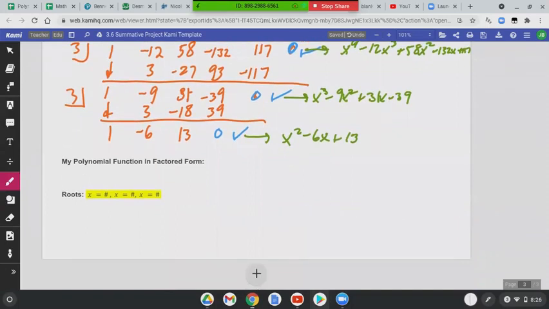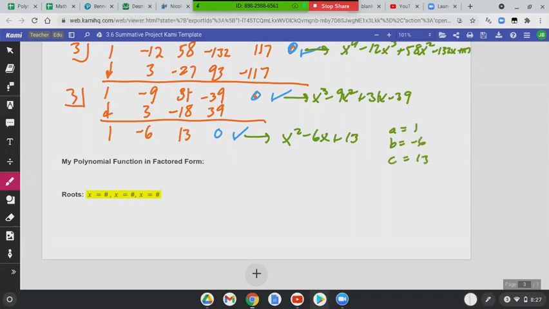So I'm going to do a quick check to see, is there anything that multiplies to be 13, adds to be negative 6? Nothing that I'm aware of, nothing off the top of my head. So it looks like I'm going to have to use quadratic formula. So I'm going to identify my value of A as 1, B is negative 6, C is 13.